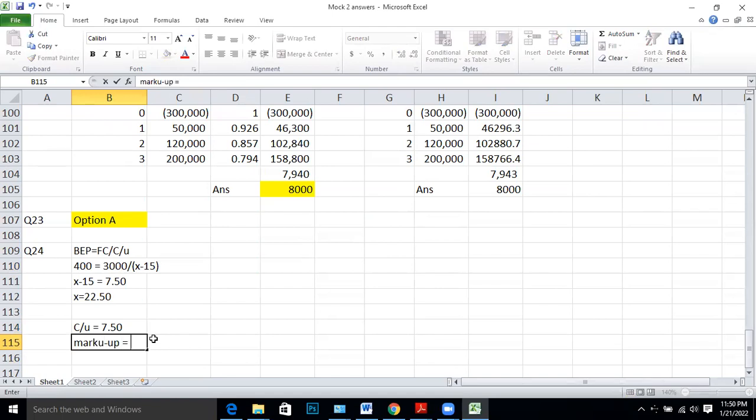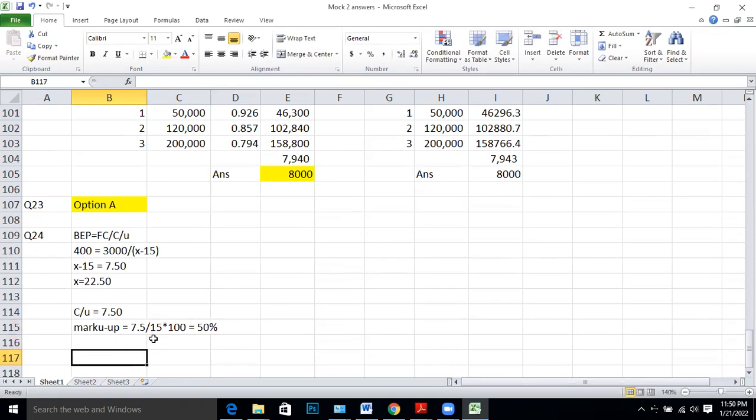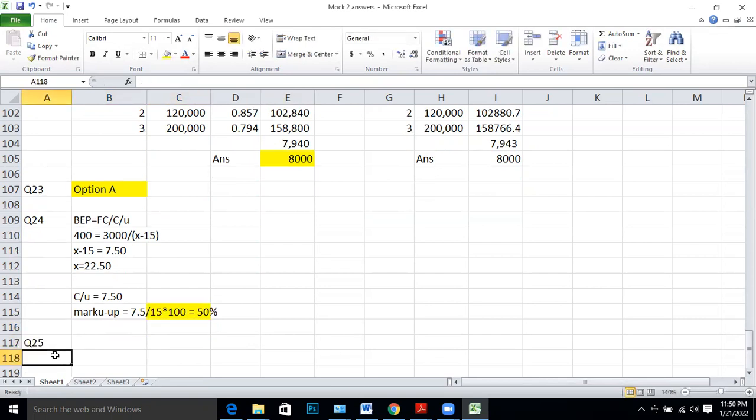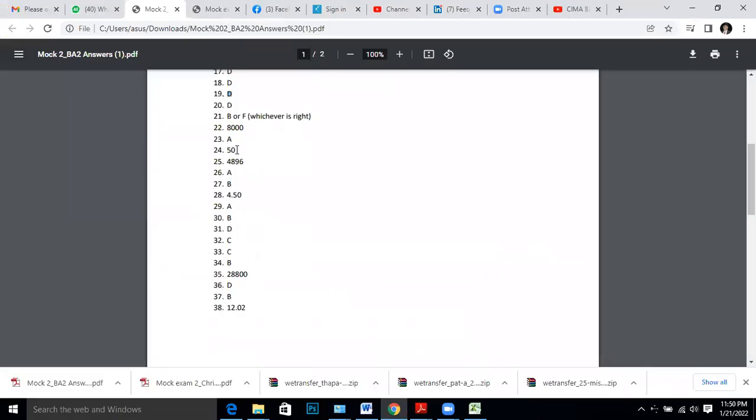The contribution or profit you are adding, which is 7.5 as a percentage of cost. Cost is 15. Which is 50%. 50% is the right answer. Question 25. Let's check the answers for 23 and 24. 23A, 24, 50.